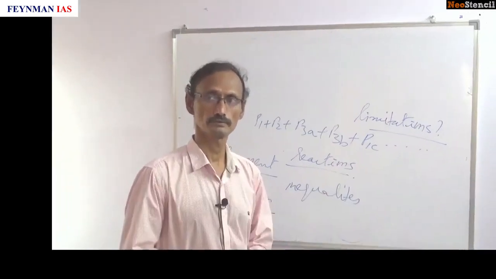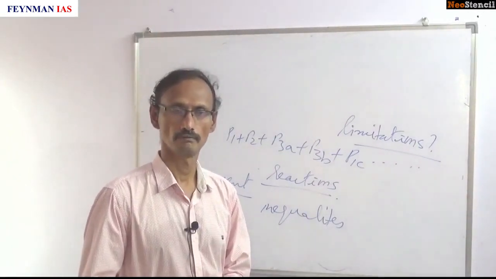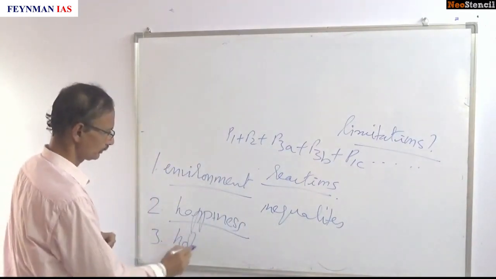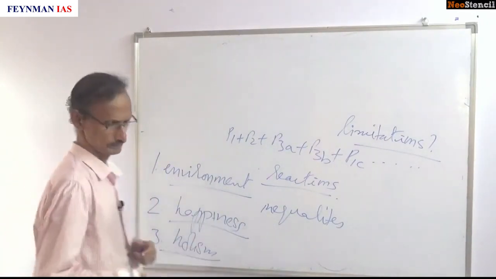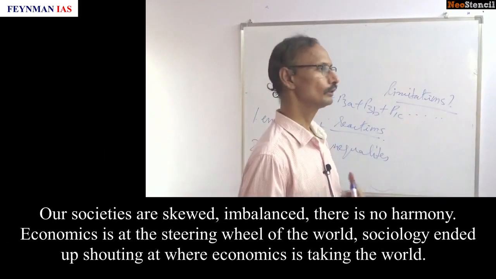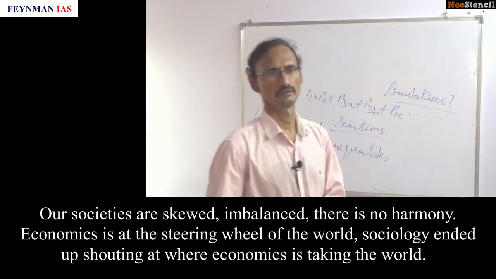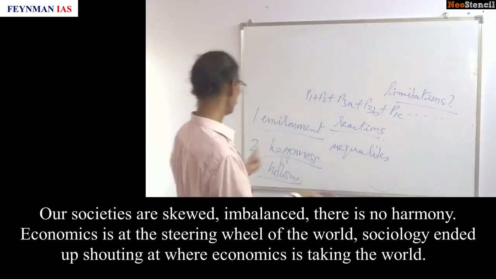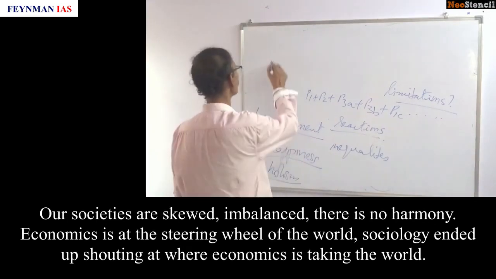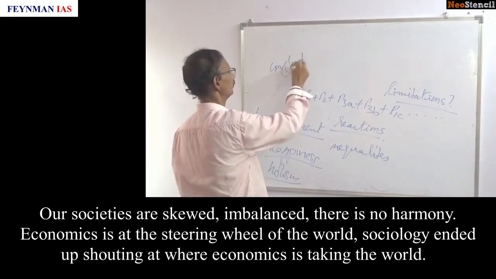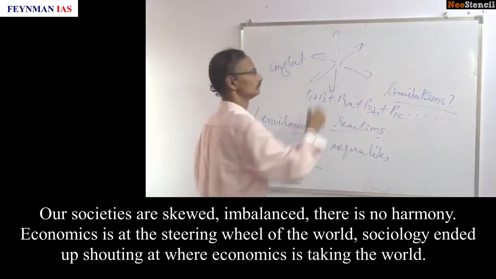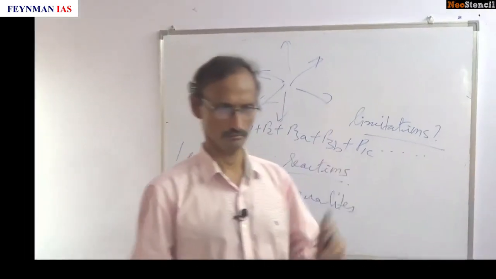These are the issues. And if sociology is supposed to bring holism, which means an interdependent, interconnected, holistic society, surely we are not at all holistic. There is no doubt about it. We are full of conflict. We are torn in different directions. There is no harmony at all.